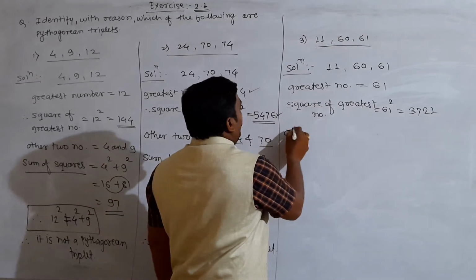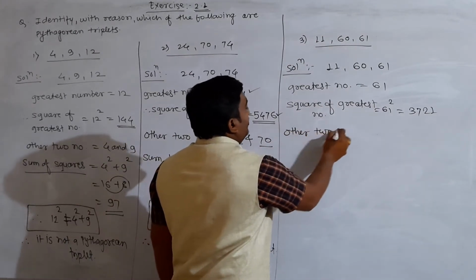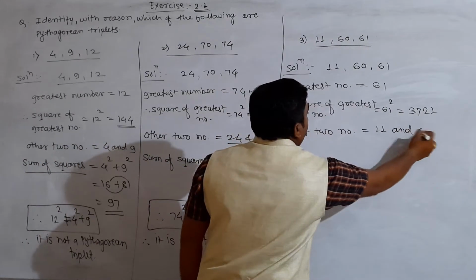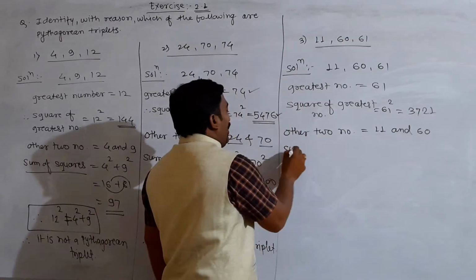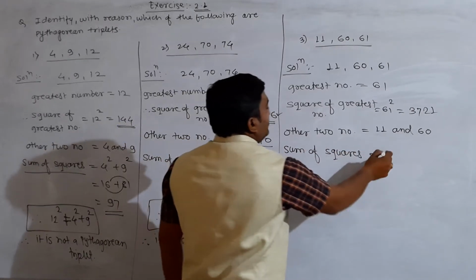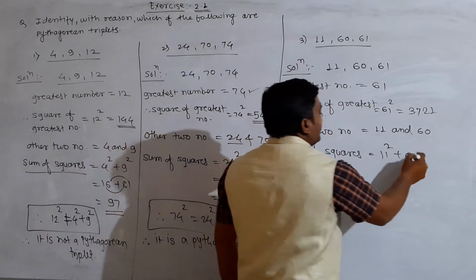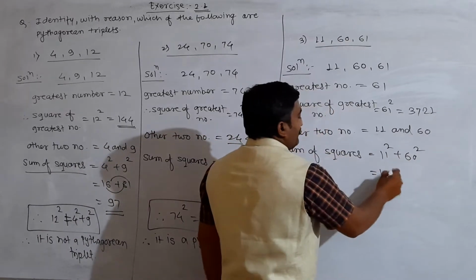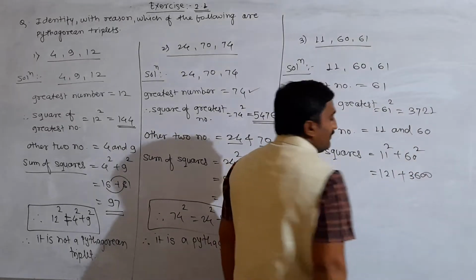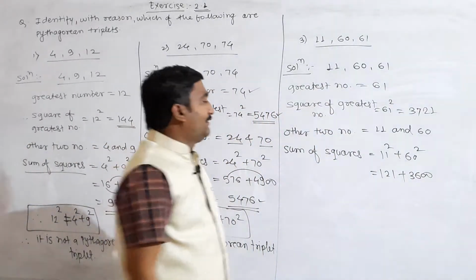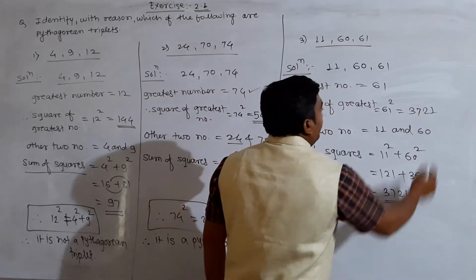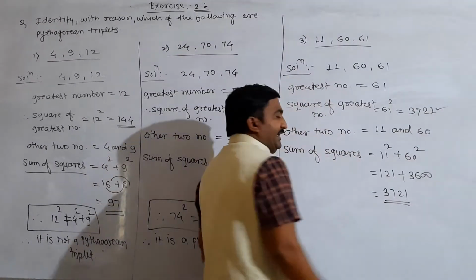Then the other two numbers are 11 and 60. The sum of squares is 11 square plus 60 square. 11 square is 121, 60 square is 3600. The sum of these two is 3721.